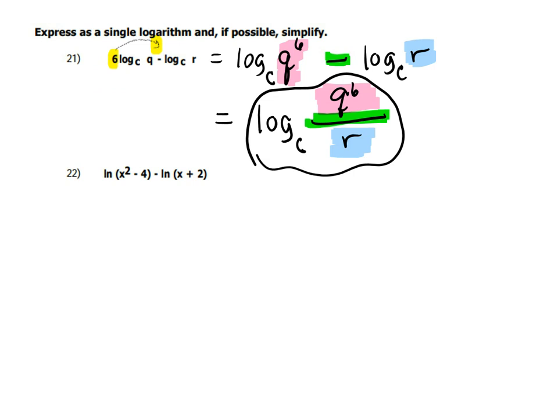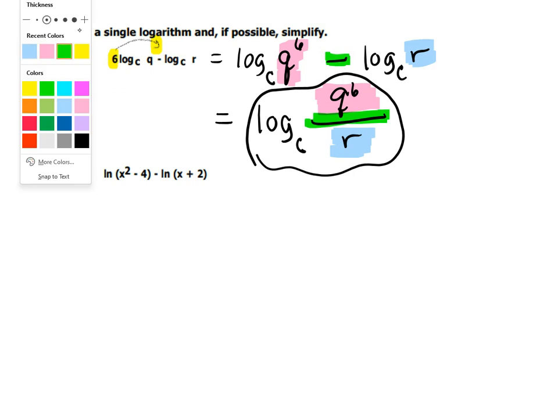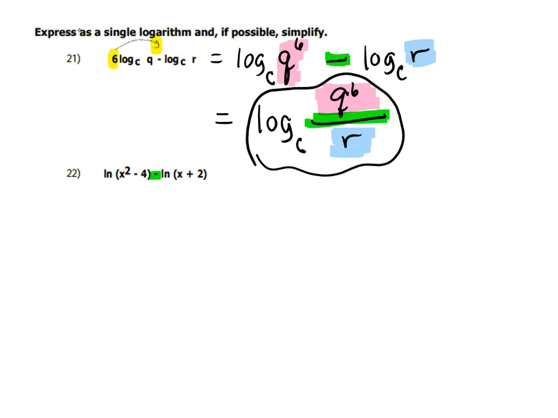And then 22 is another subtraction, right? But they're using natural logarithms. So you're just going to start with the natural log of the x squared minus 4 as my numerator, and the x plus 2 as my denominator, because this is the quotient rule.